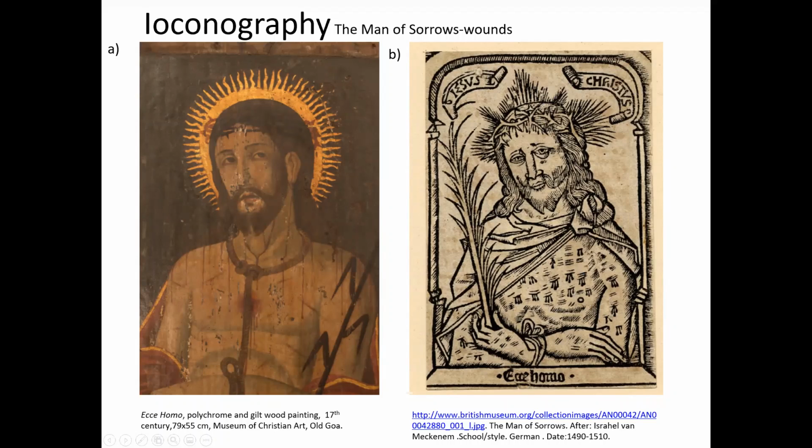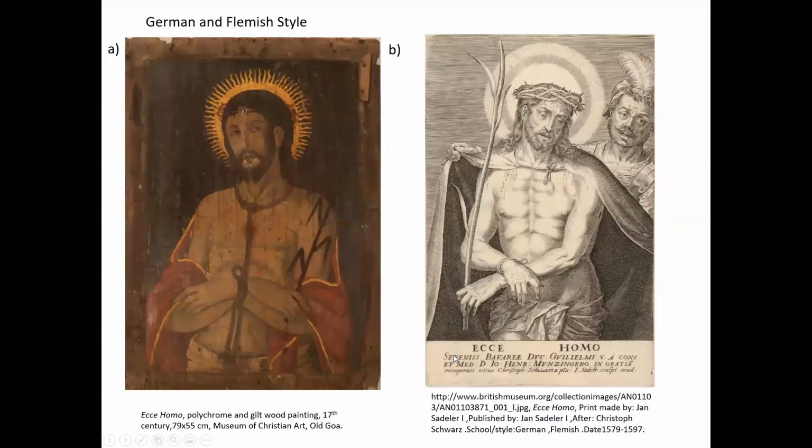This one is from 1490, 1510. This man of sorrows of German origin, and we can see those wounds. So when the Ecce Homo has those type of wounds, he's also called the man of sorrows. And we have this in the Goan painting, in this studied Goan painting.